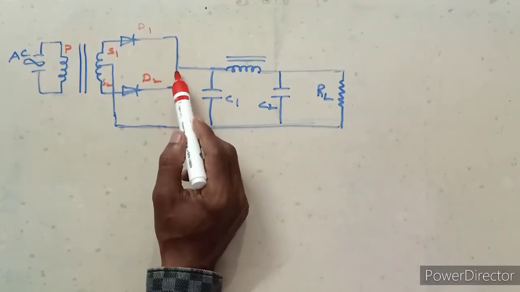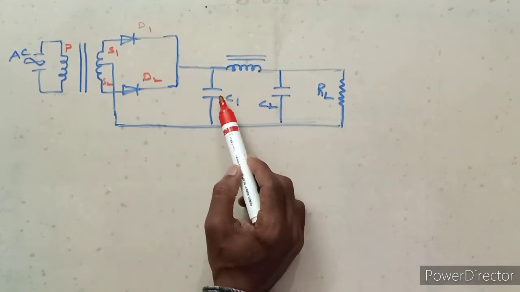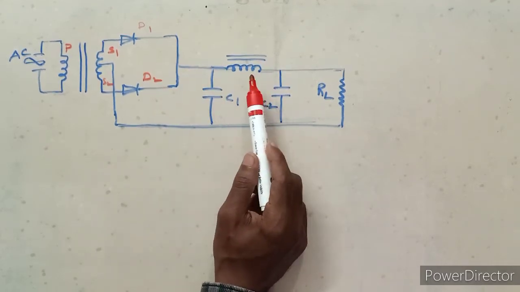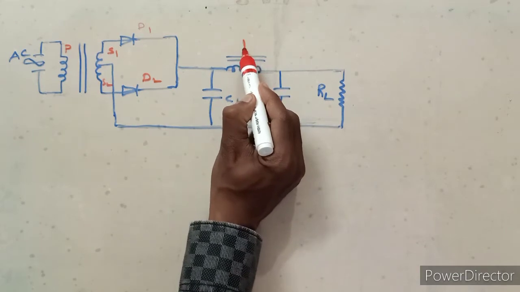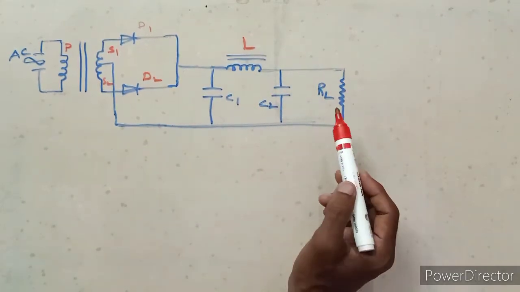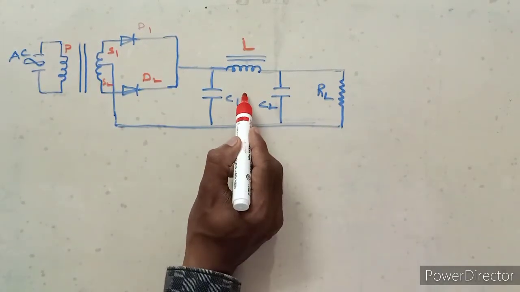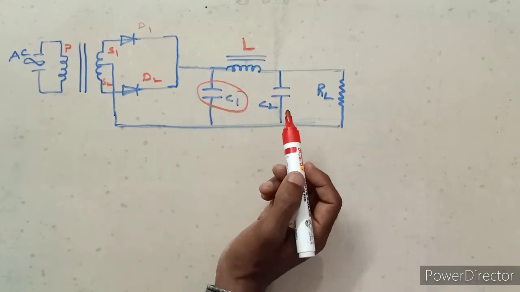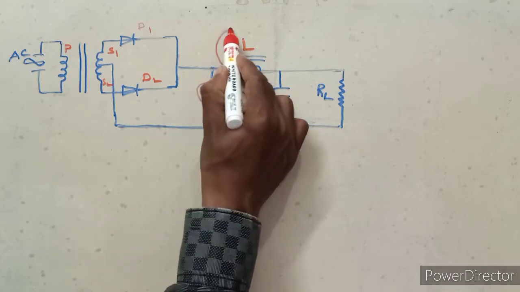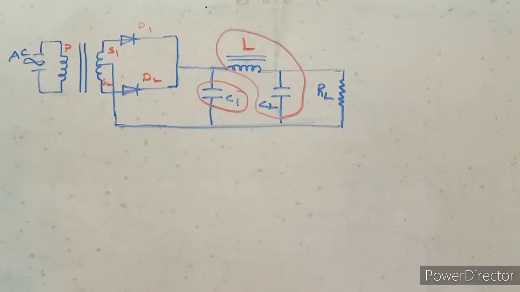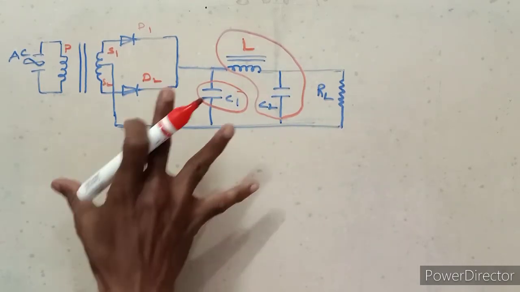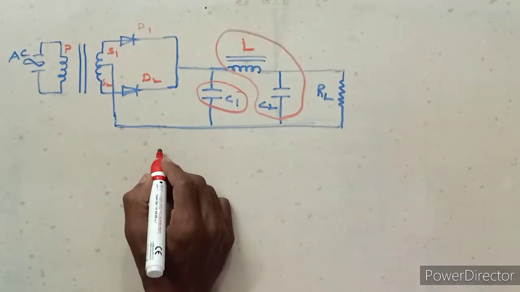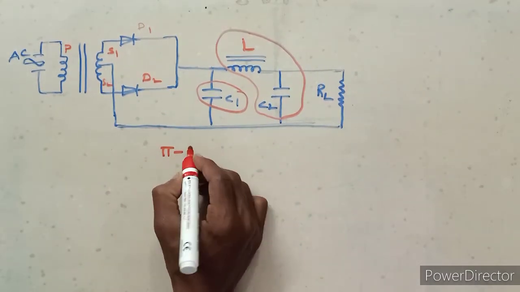In total, this circuit is connected to 2 capacitors and 1 inductor. This is the input capacitor, and this is the L-section filter. So totally this is the pi-section filter.